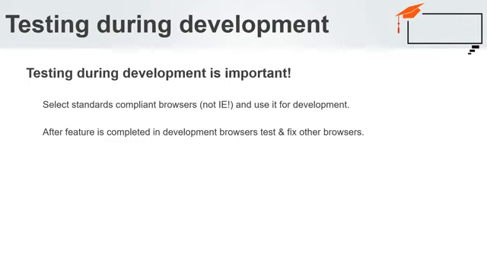So during development, test with one of these browsers so that you are then sure that your feature is standards compliant. It's generally not a great idea to start your testing or your development with Internet Explorer, for example, which does not support all features.